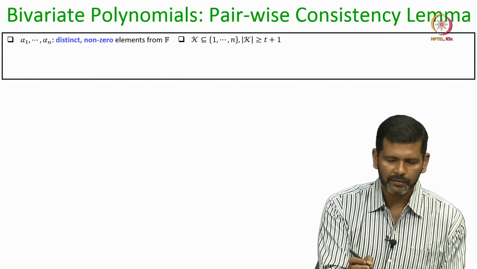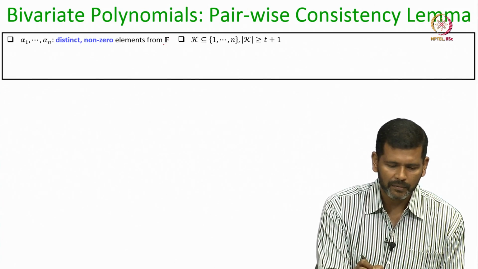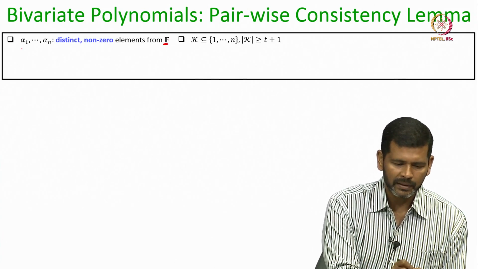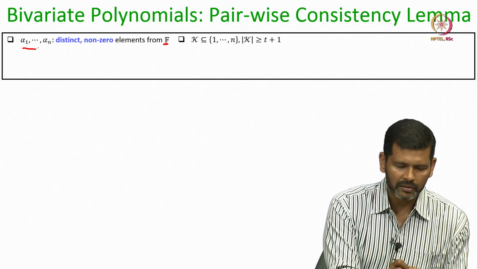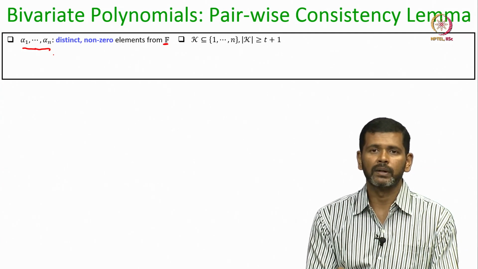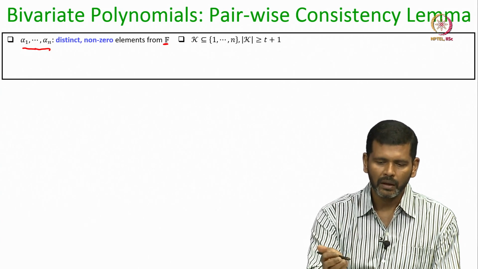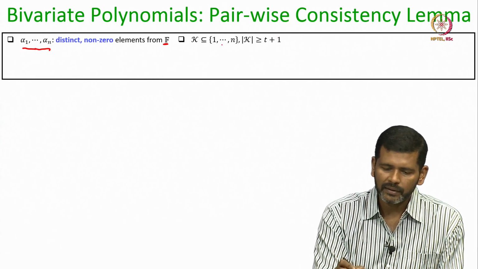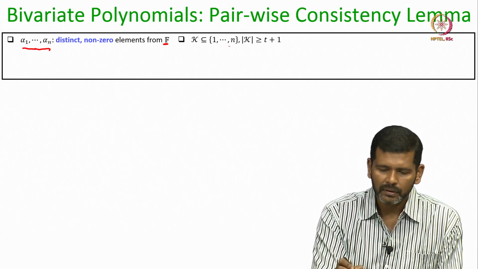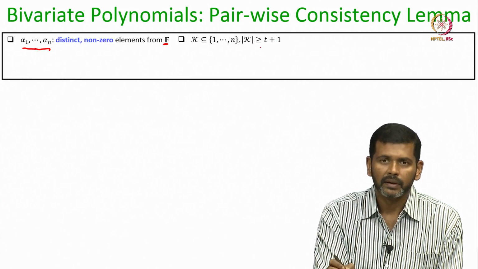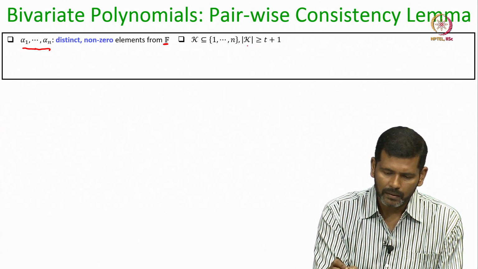So, again our setting is the same. We have a finite field, we are given n distinct non-zero evaluation points alpha 1 to alpha n, and you are given a subset of n indices, fancy k, where the size of k is at least t plus 1.